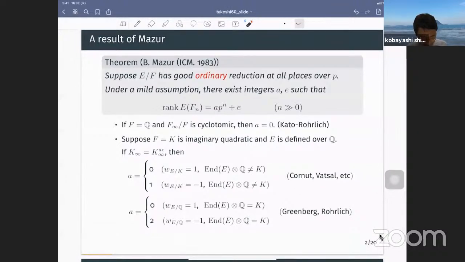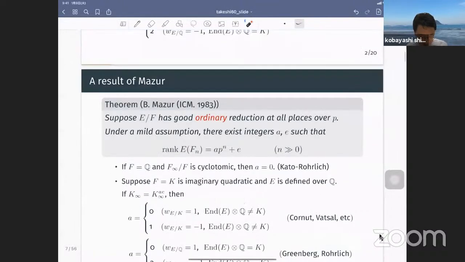And in the exceptional case, we cannot relate Heegner points directly, but we use Heegner points to determine a here. We indirectly use Heegner points.